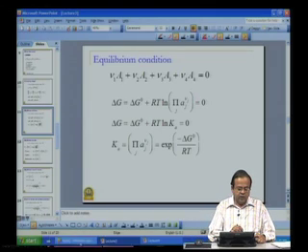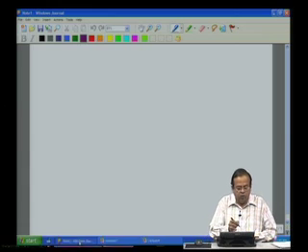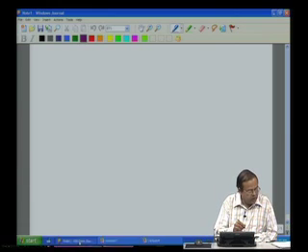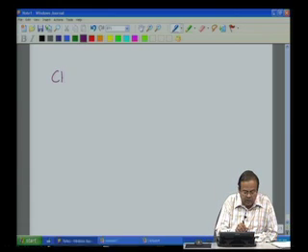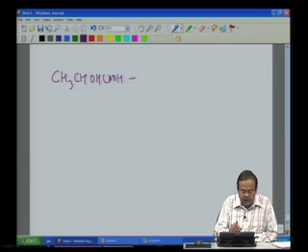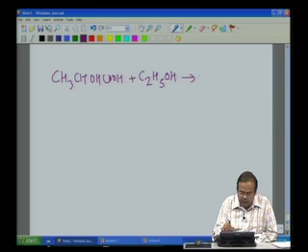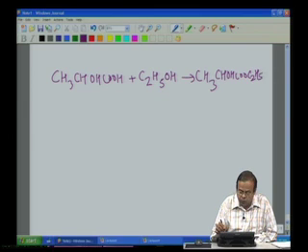So, let us say that we have a reaction in which lactic acid reacts with ethanol to give ethyl lactate plus water.